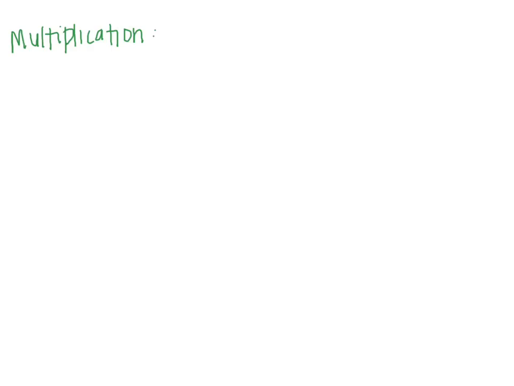So with multiplication, what I remember when I multiply is just straight across. We multiply the numbers straight across the numerator, and then we multiply the numbers straight across the denominator. I want to caution you guys to not say cross multiply.